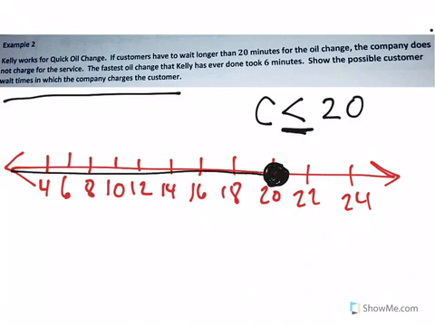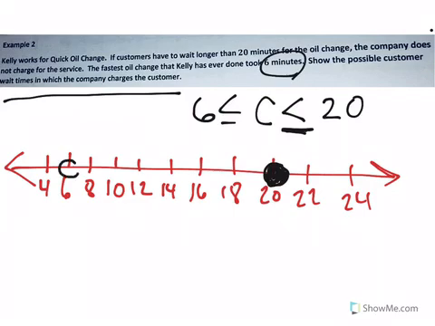Now you might say, okay, so then you're just going to go all the way down here, right? That's partially true, but remember, Kelly has only ever done an oil change. The fastest he's ever been, or she's ever been, has been 6 minutes. So we know that we can also look at it in terms of putting a 6 over here, and we know that 6 is also less than or equal to the time that you're going to get charged because Kelly's never gone faster than that.